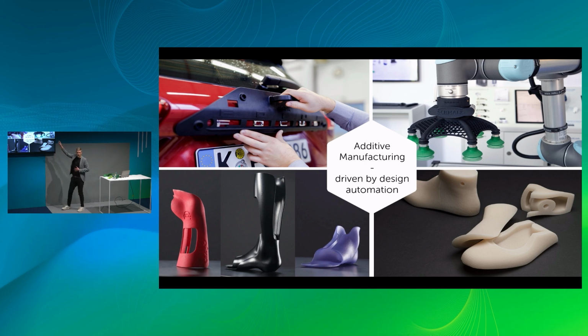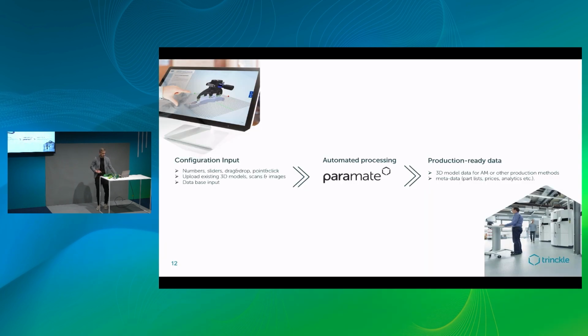But we also do it in other industries, in the field of robotics or the field of automotive manufacturing, for instance. And we always do this based on a software platform which we call Paramate. So this is the base for all these design automation use cases that we have and we help our clients to automate with. Basically, the idea is always there is some kind of input data.